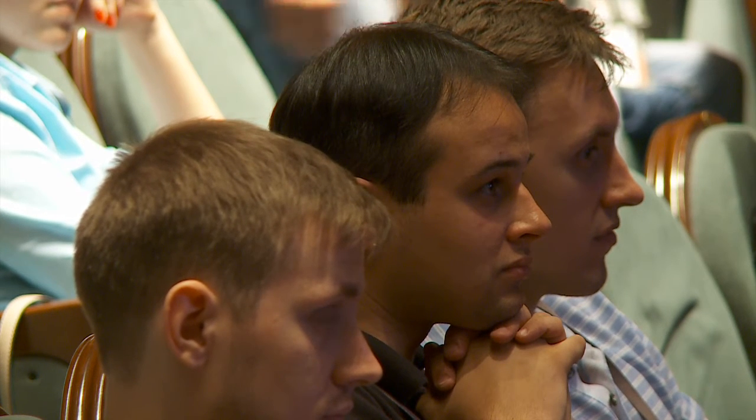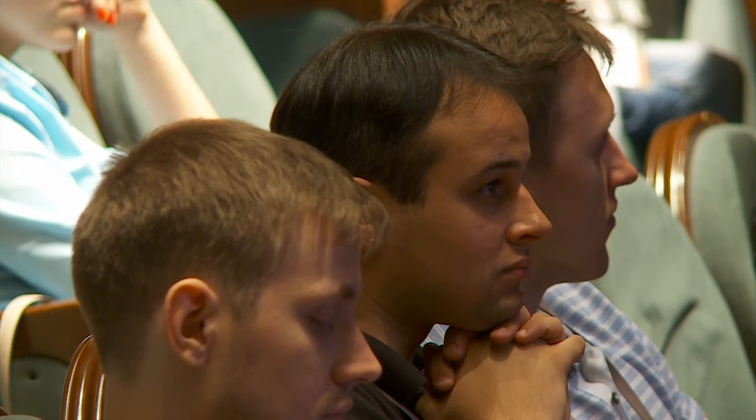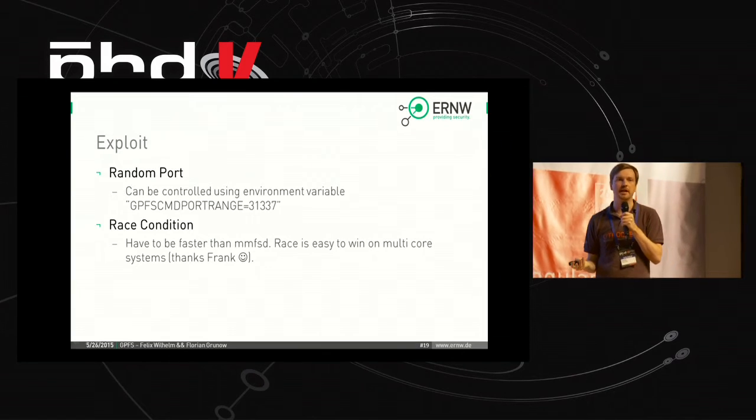We can just specify the port. And for the race condition, connecting to the tsstatus binary on the specified port earlier than the MMFSD, we just had to be faster than MMFSD. The race is easy to win on a multi-core system. We tested it on single-core systems and we were not able to win the race all the time.